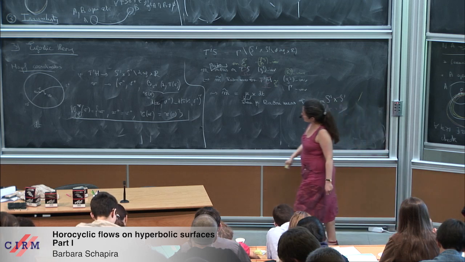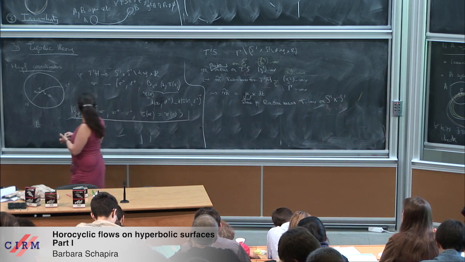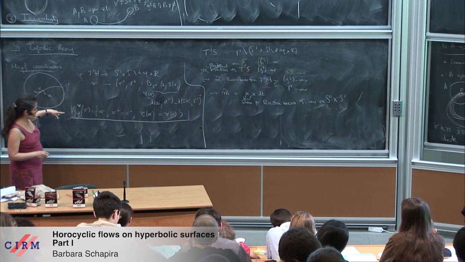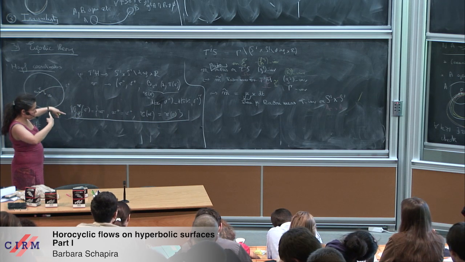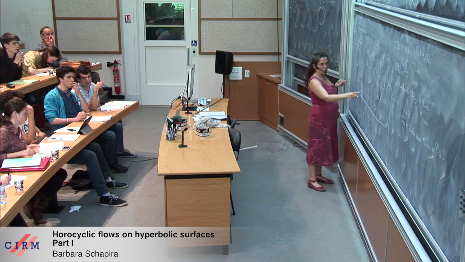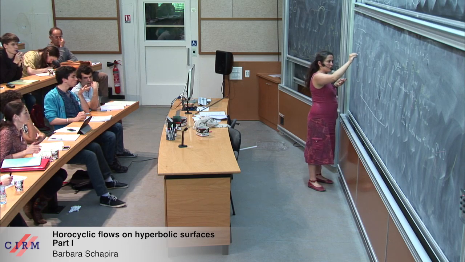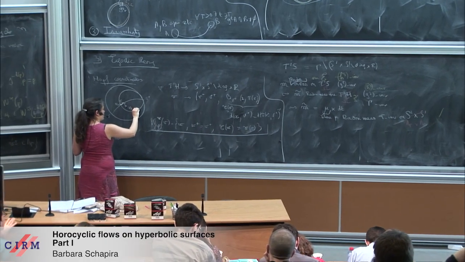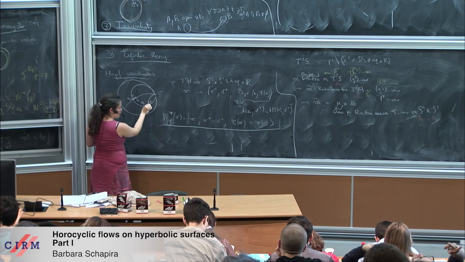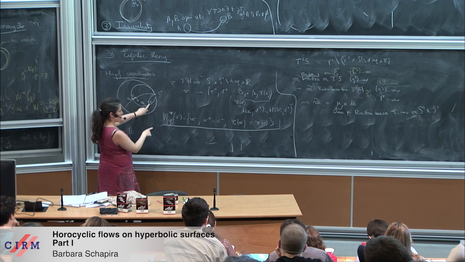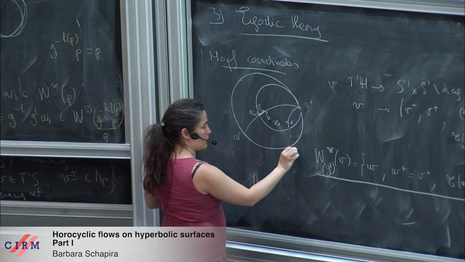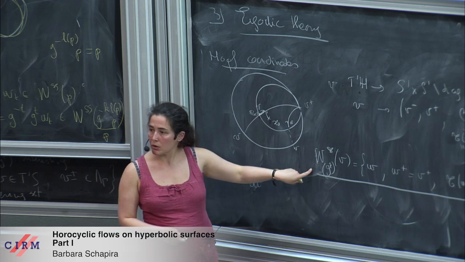And if you look at what a horocycle orbit is in the Hopf coordinates: if you have a vector V, the horocycle orbit is the set of vectors W which have the same positive coordinate, the same real parameter, and another negative endpoint. Okay, that's exactly what I wrote here.